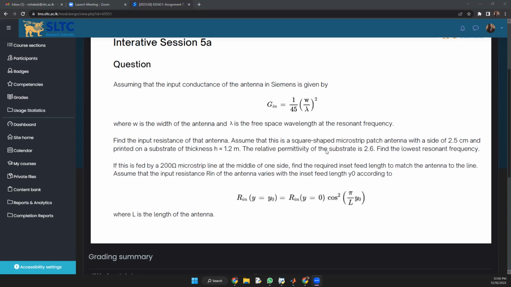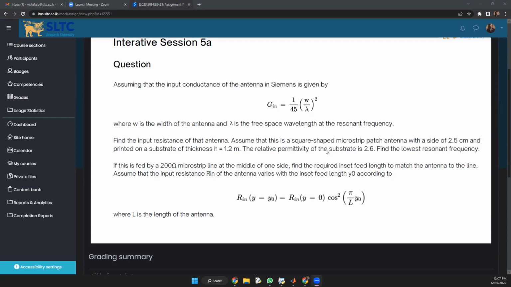And then for the lambda value, you need to first find the lowest resonant frequency. Since this is a square shaped patch antenna, the lowest frequency that is obtained under both the 10 and 01 modes are equal.